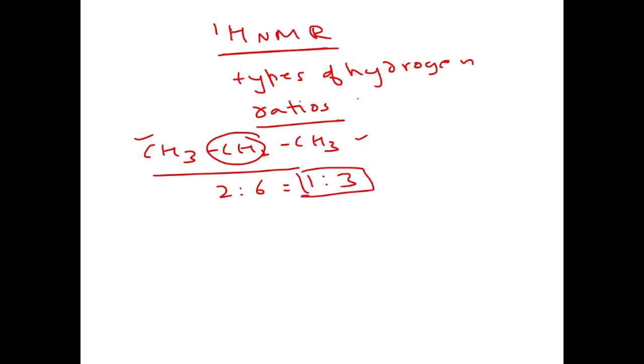So that is how many types of hydrogens are there. Say if we are having CH3 CH2 CH2F as the organic compound.